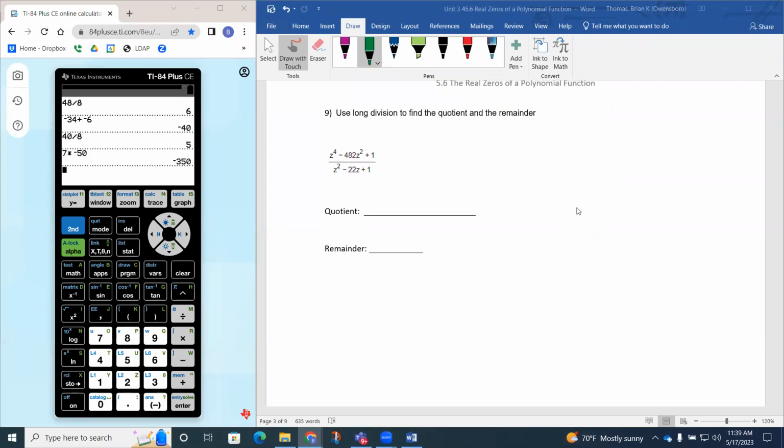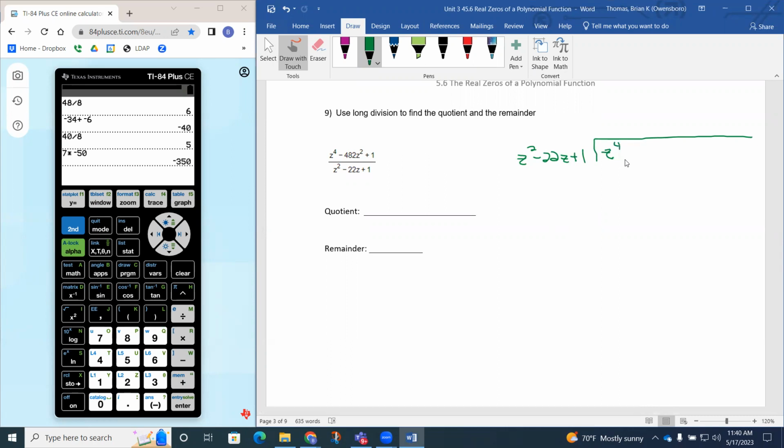So question 9 says use long division to find the quotient and the remainder again. So let's see if we make this happen again. Our divisor is z squared minus 22z plus 1. So those degrees all count down to 1, 0. And then what we're dividing into is z to the fourth.